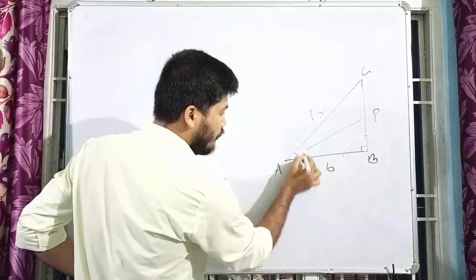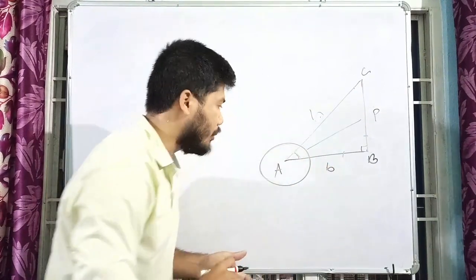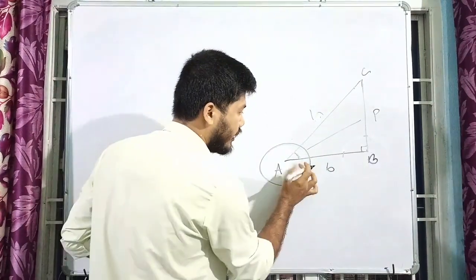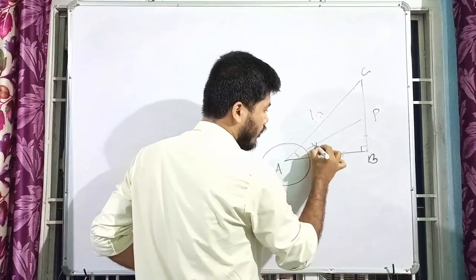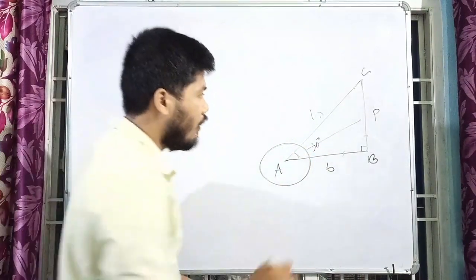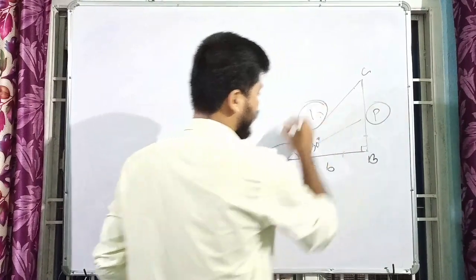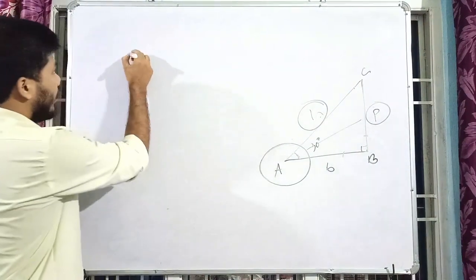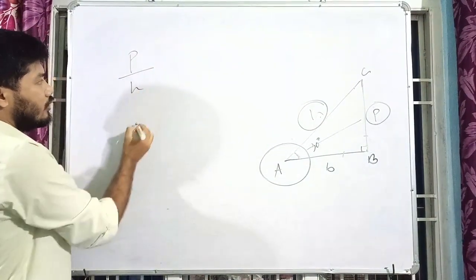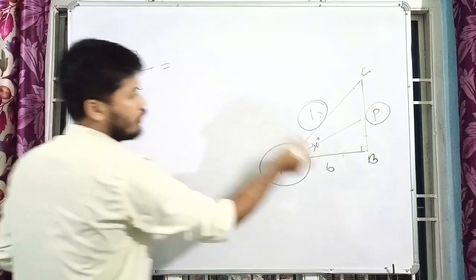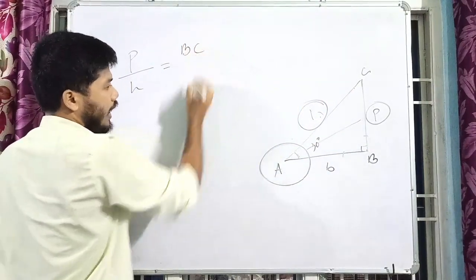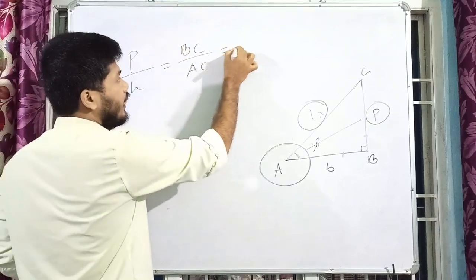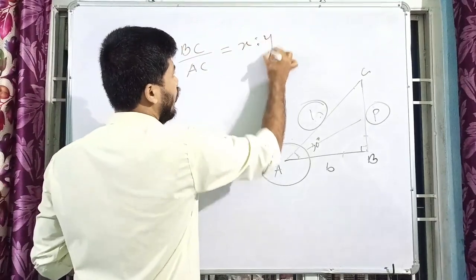Now if we keep this angle constant, say 30 degrees, fixed. Now we can find the ratio of the perpendicular and the hypotenuse, that is BC and AC. Say the ratio is x is to y, or x by y.